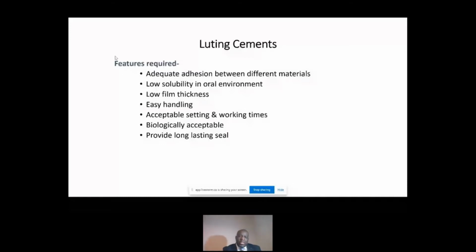So what does this mean? It means as a clinician, we need to judge what luting cement is best for each occasion. And we also have to understand the principles behind using various tools. And by doing this, we benefit the patients and also ourselves.